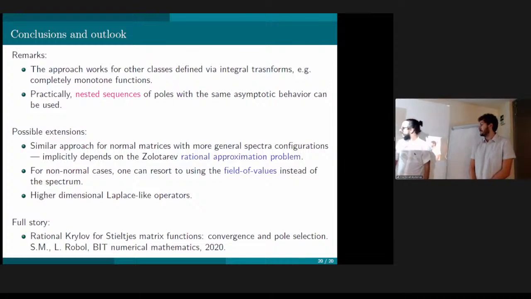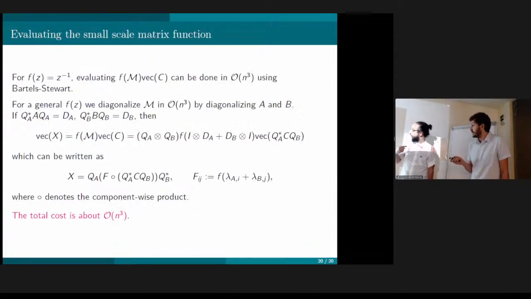So to solve the problem, you have to solve the inner matrix equation. You are talking about the projected problem. Kind of. You still have to compute a function of a Kronecker sum.